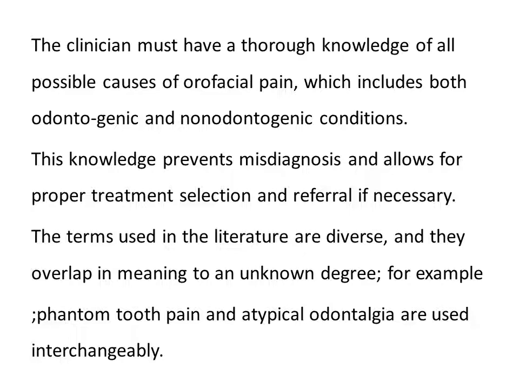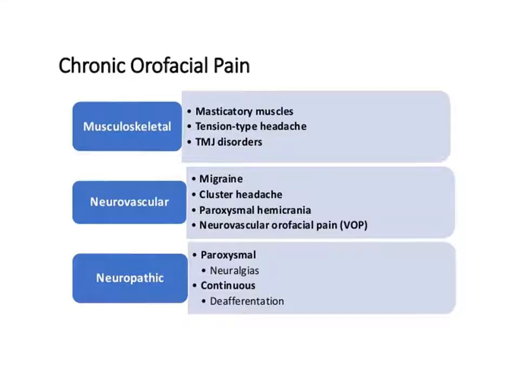In this subject, going through the literature, you might find two different names for the same disease, having the same meaning, and these names are used interchangeably. For example, phantom tooth and atypical odontalgia. This is normal.